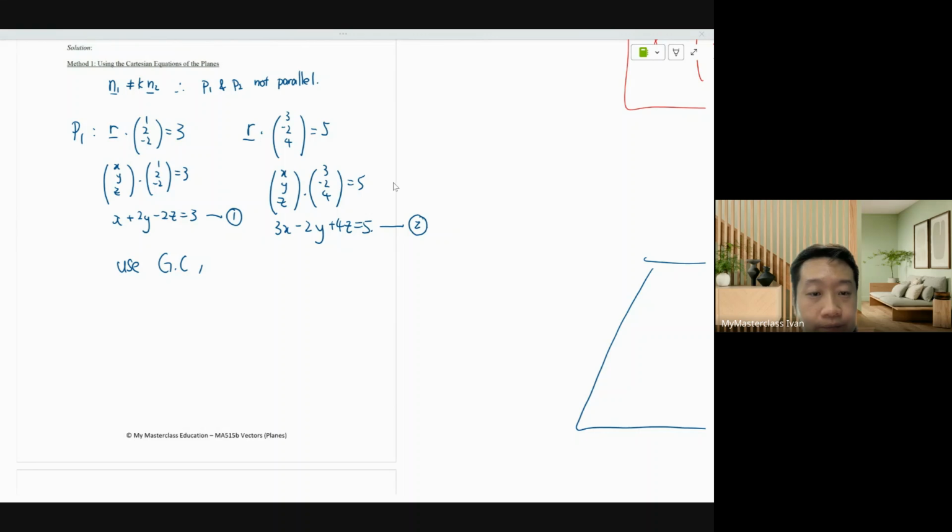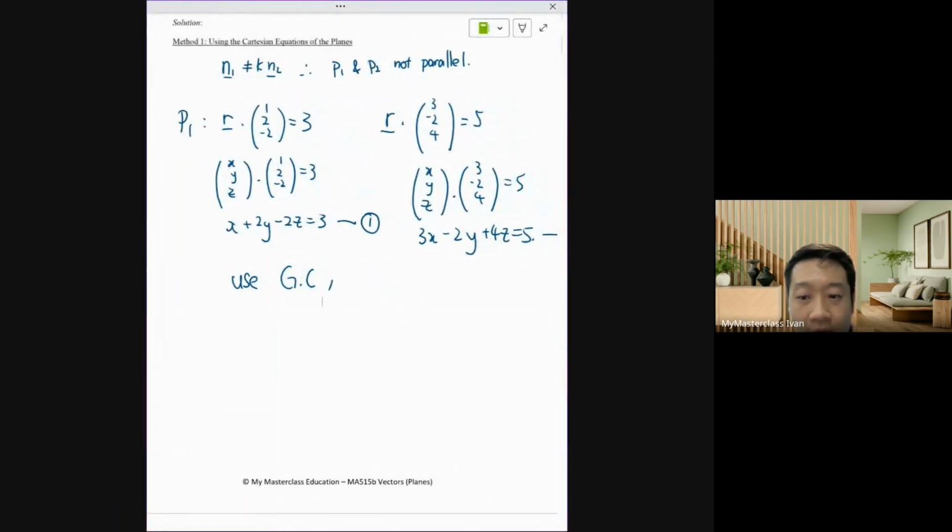Two equations, three unknowns. Enter x plus 2y minus 2z equals 3, and 3x minus 2y plus 4z equals 5, and then press solve.